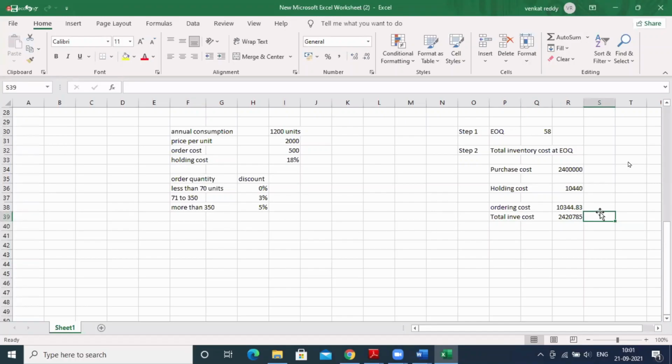Because two options are, if you order at least 71 up to 350, you will be getting a 3% discount. And if you order for more than 350, then you will be getting a 5% discount. Now, what should be the next step now? What do you think?